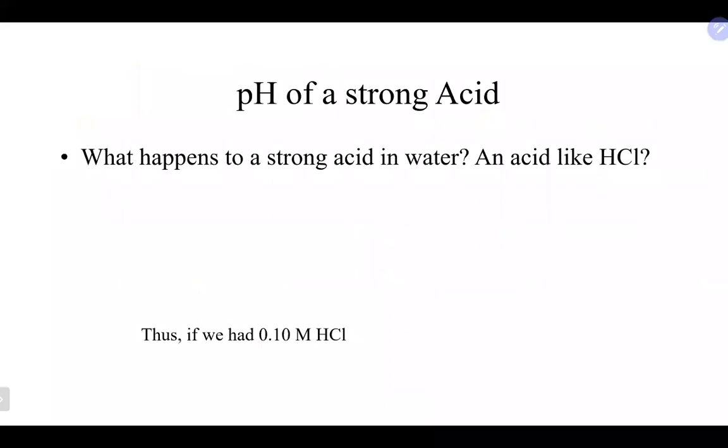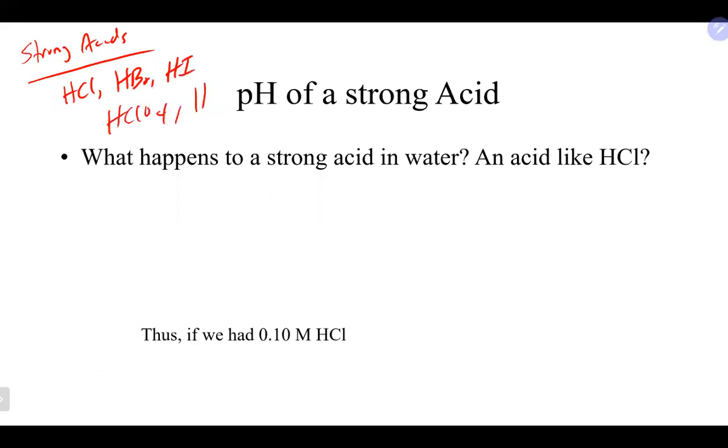If we did have a strong acid, remember we sort of made a list of some strong acids. And just to remind you, some of those strong acids we talked about: HCl, HBr, HI, HClO4, a little nitric acid, a little sulfuric acid. So if we do have a pH of a strong acid, what's a pH?